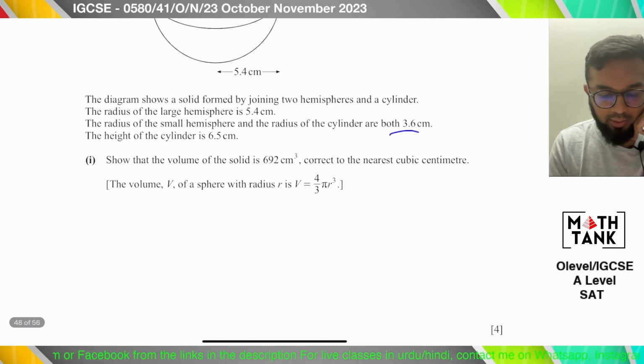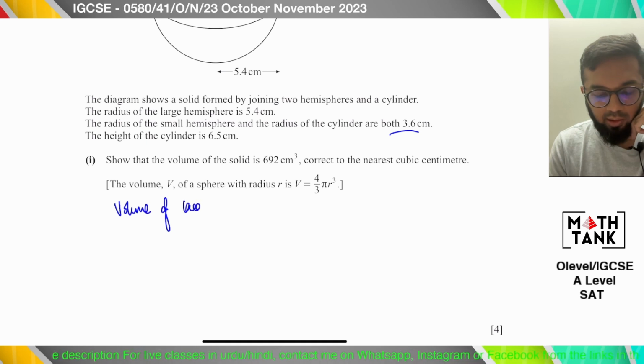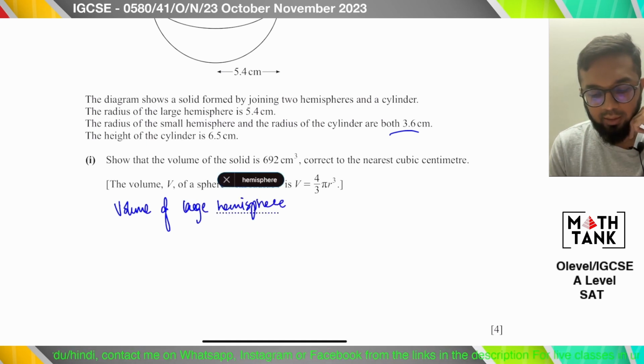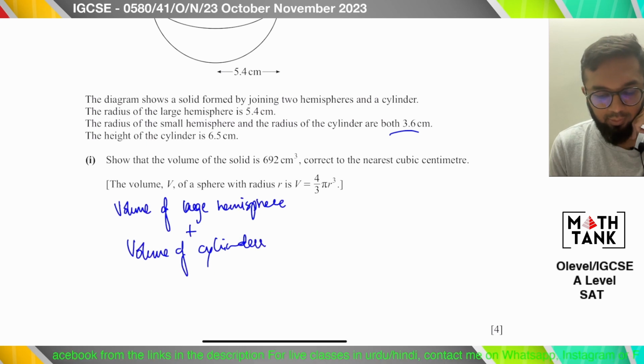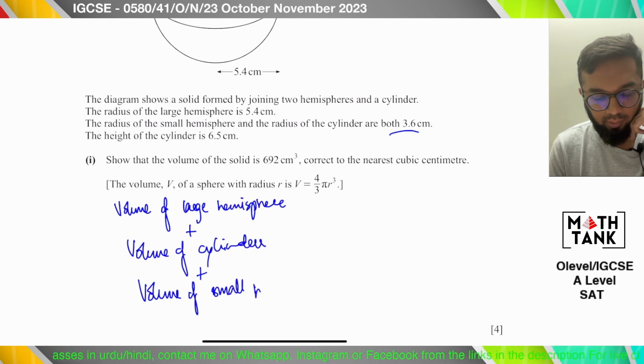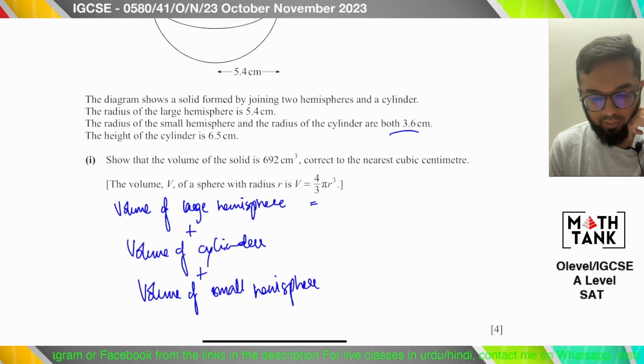Okay, so it's the volume of large hemisphere plus volume of cylinder plus volume of small hemisphere. Okay, so what's the volume of the large hemisphere?